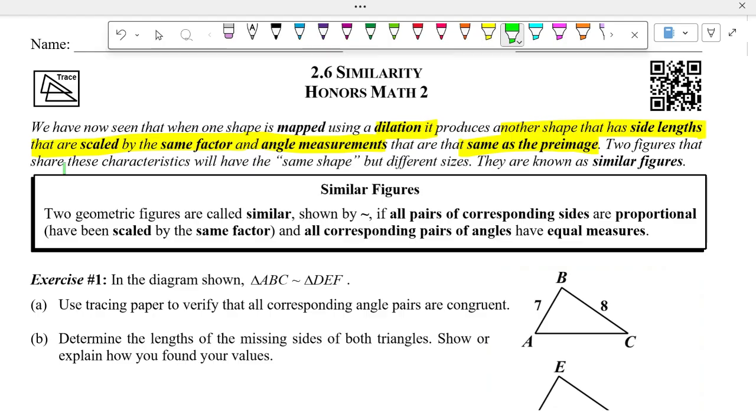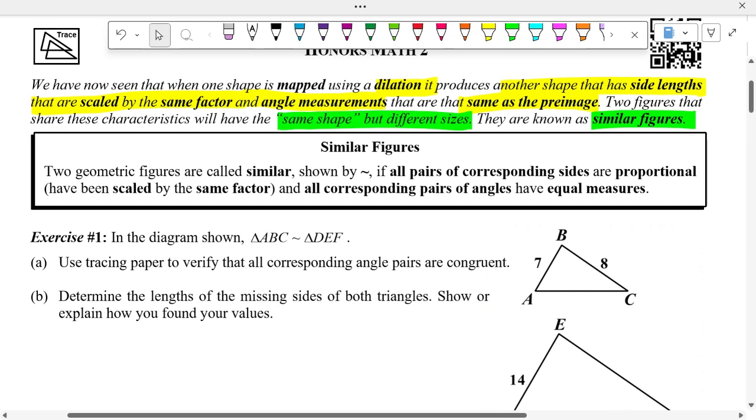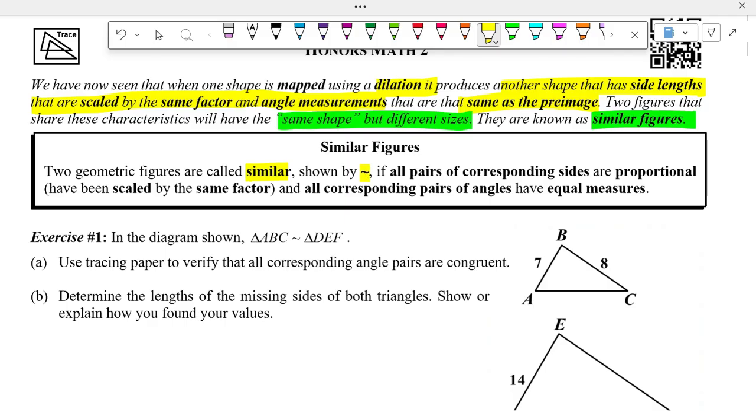Again, two figures that share characteristics, that have the same shape but different sizes, that's known as similar figures. First off, this is the symbol for it.